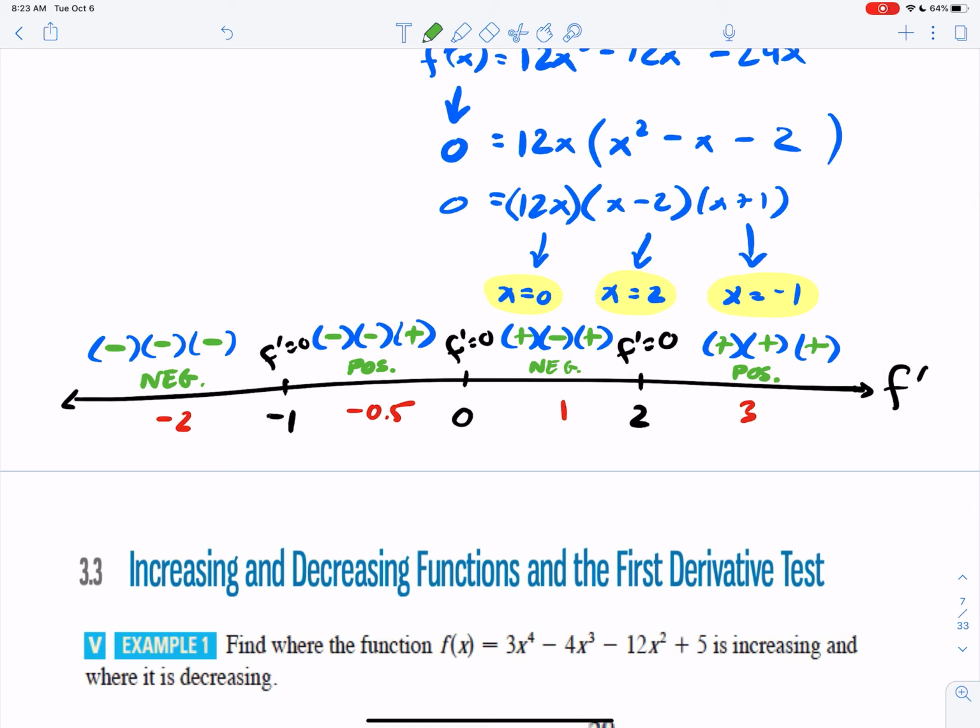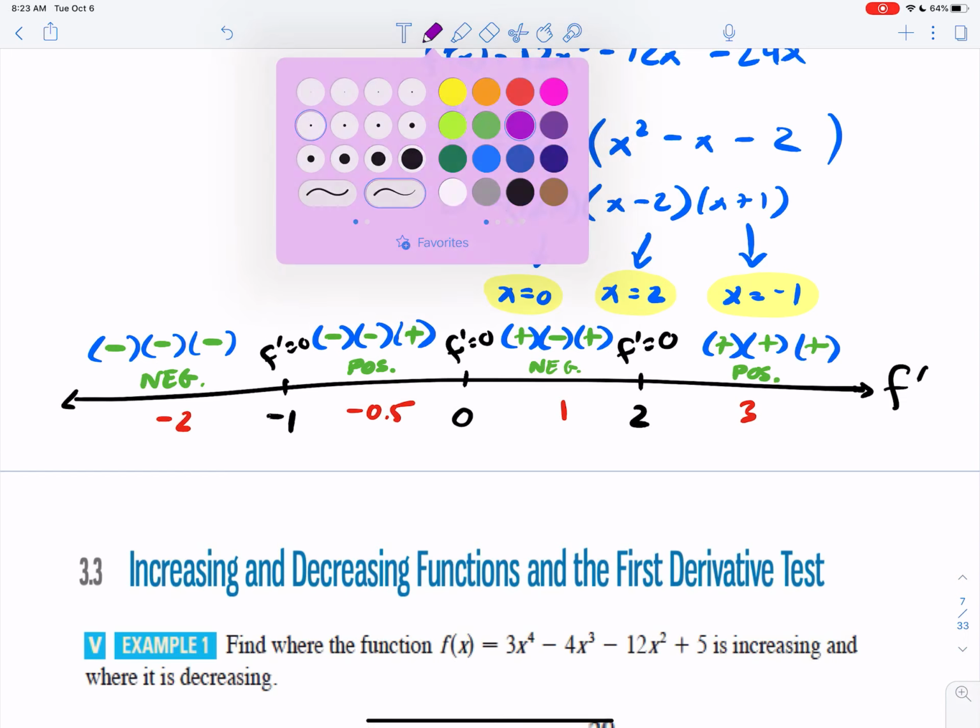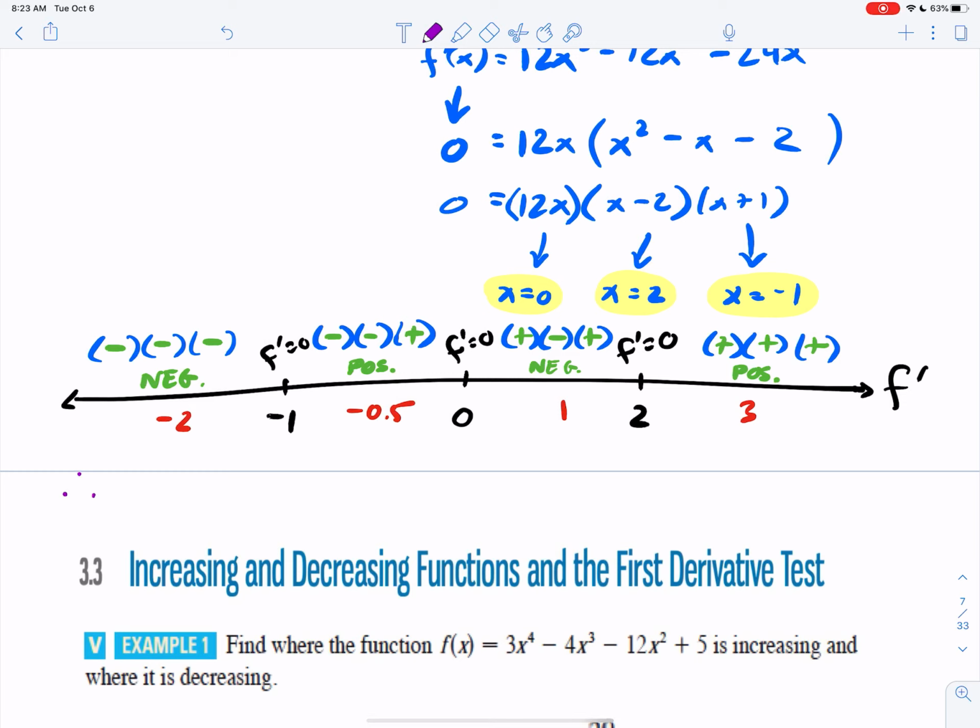All right, so your sign chart tells the AP reader nothing. Where you get all your points is where you make your conclusion. So f is increasing. Now, it doesn't matter which one you start out with first. f is going to increase from negative 1 to 0 and from 2 to the far right, which is infinity.